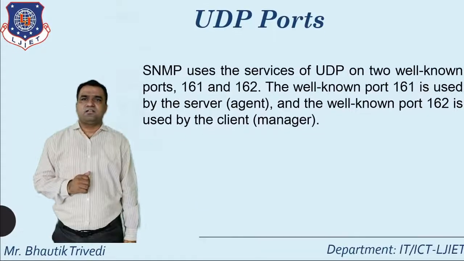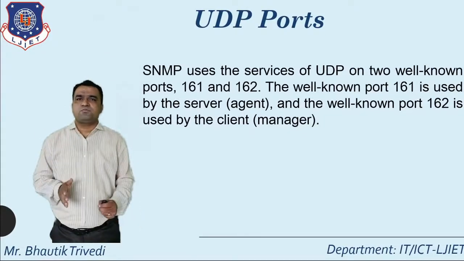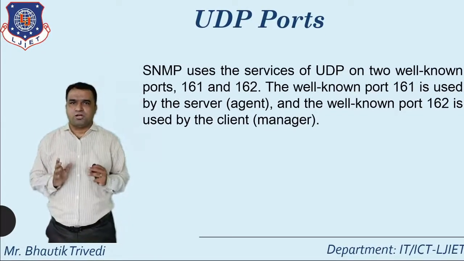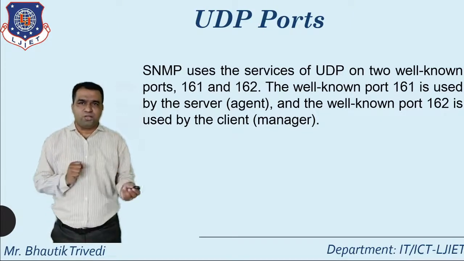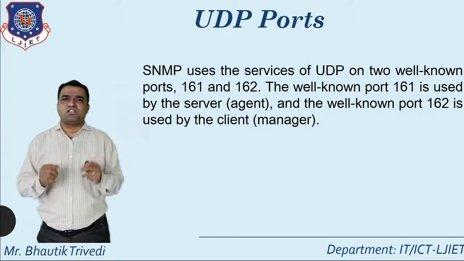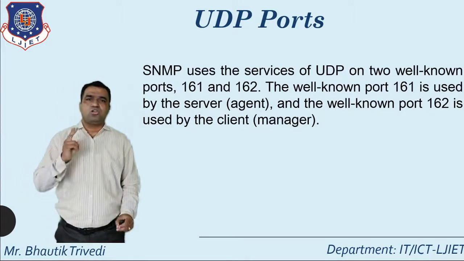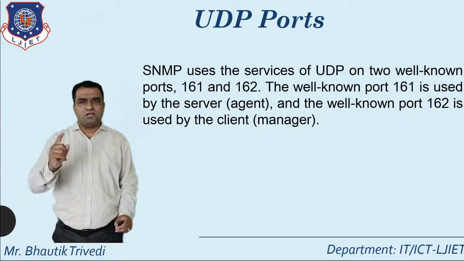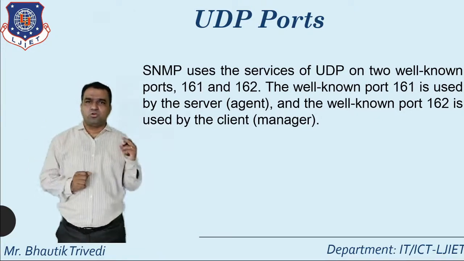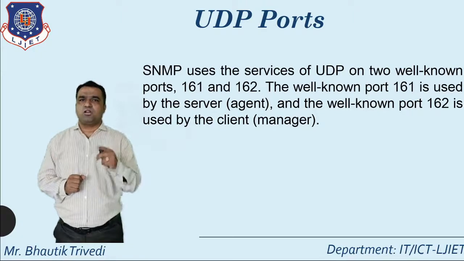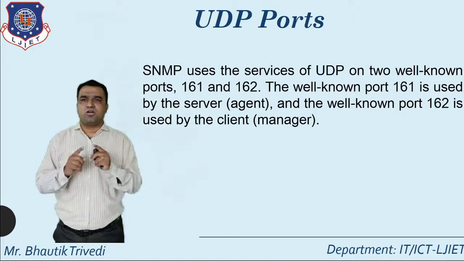After that, the UDP port. Which particular UDP port numbers does SNMP generally use? SNMP uses the services of UDP on two particular ports. One, port number 161, and second one, 162. Port 161 is used by the server only.